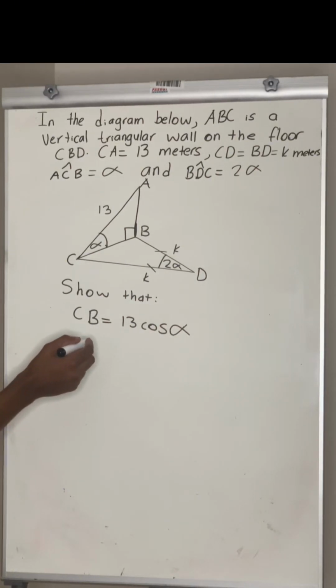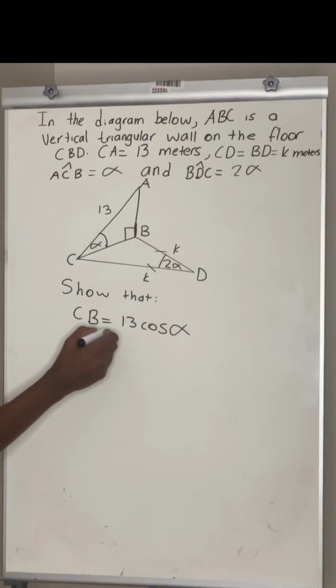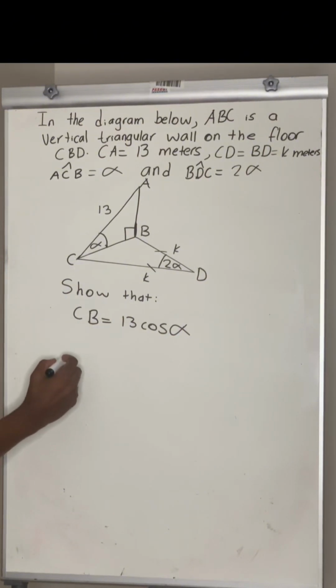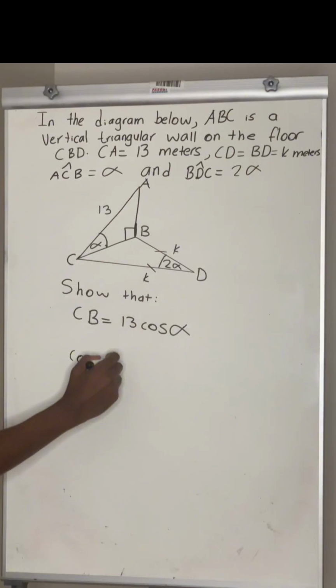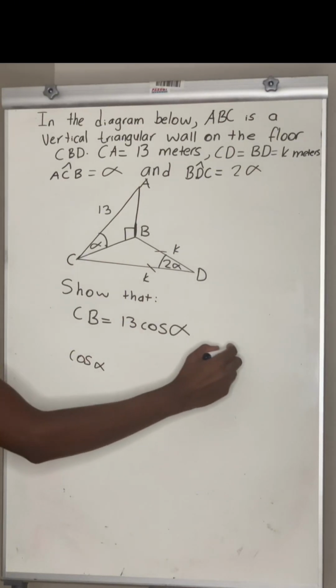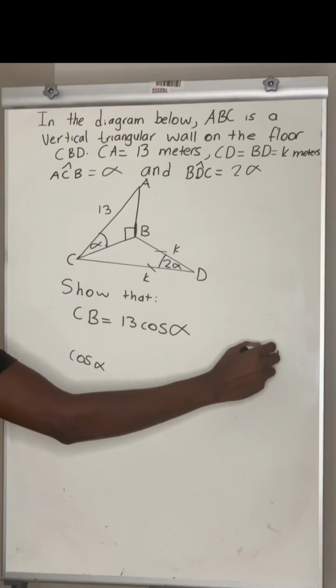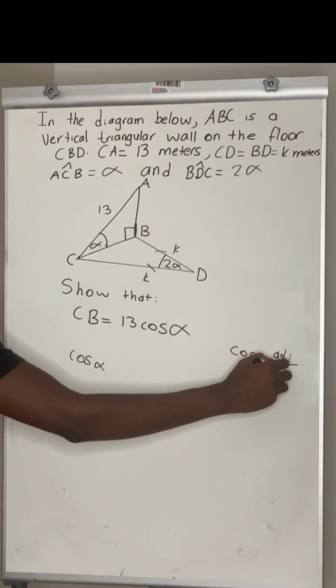So most likely we're going to use the cos trig ratio, okay? So cos alpha, remember our cos is adjacent over hypotenuse.